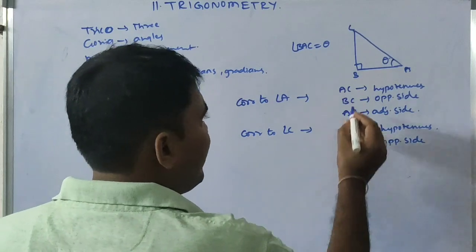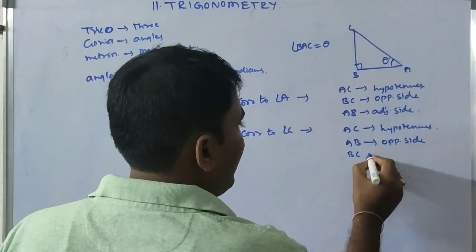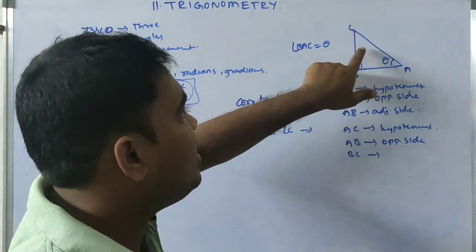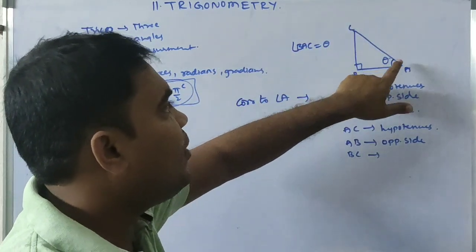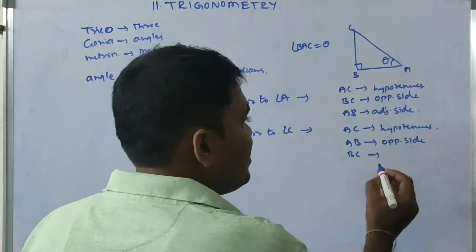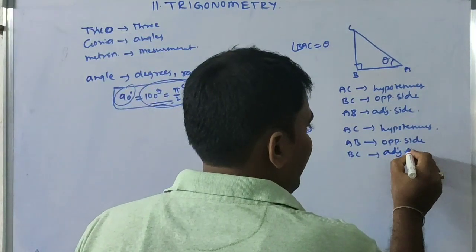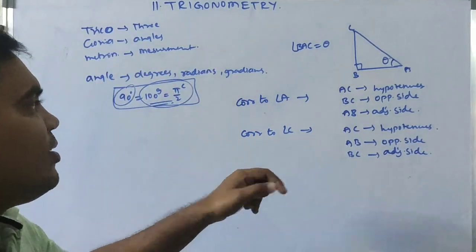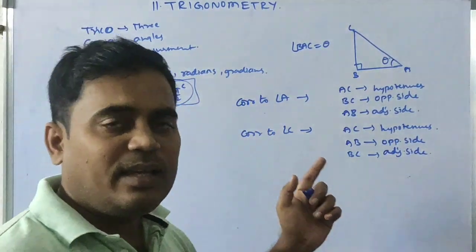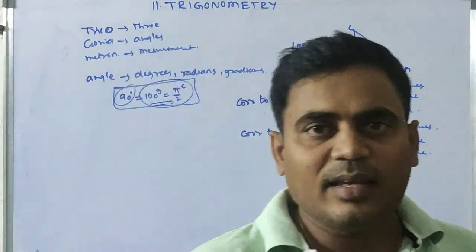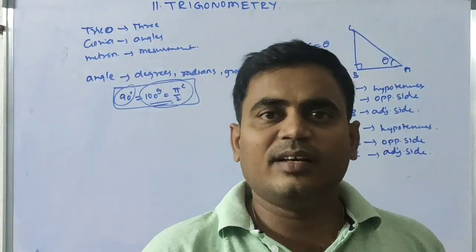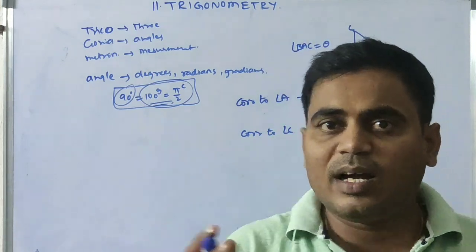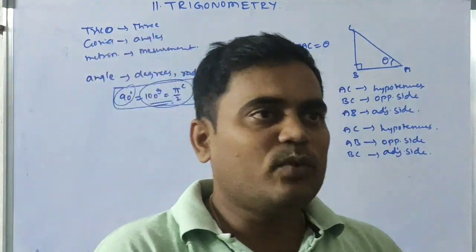Two sides are adjacent to angle C, BC and AC. Already AC is the hypotenuse, so BC is the adjacent side. So with respect to angle A and angle C, the opposite and adjacent sides are interchanged. Okay, so this is about adjacent and opposite sides.